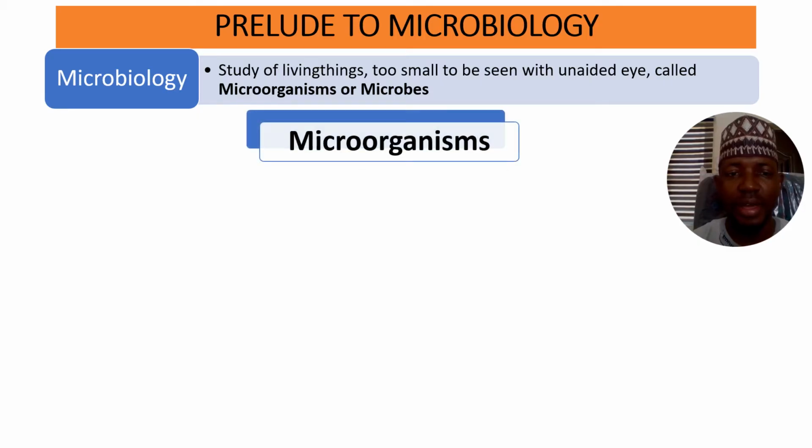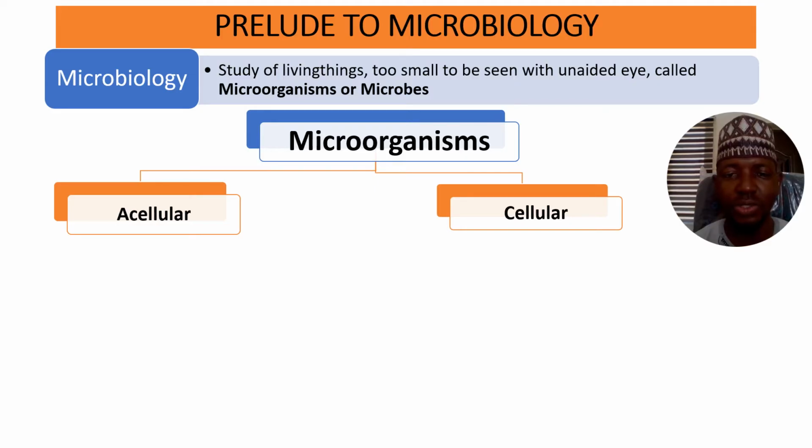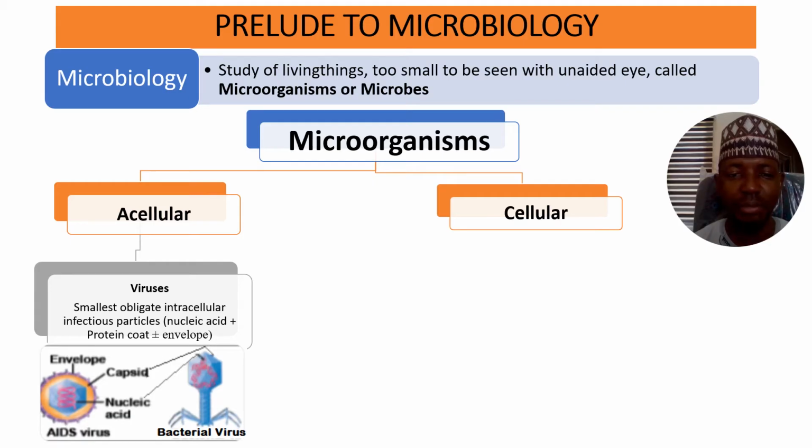Now, there are various types of microorganisms, but for simplicity, they can be divided into two major categories: the acellular microorganisms and cellular microorganisms, based on their levels of organization. The acellular microorganisms are generally the viruses, which are not up to a cell level of organization.